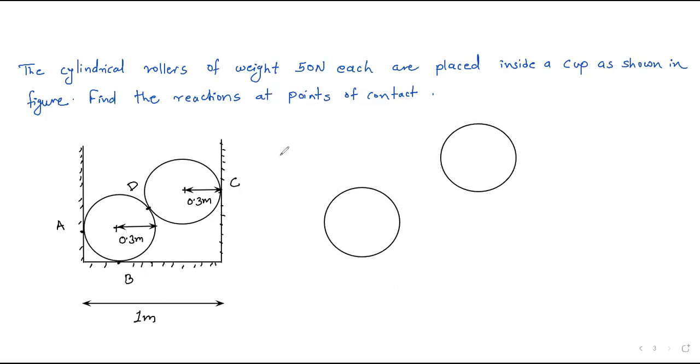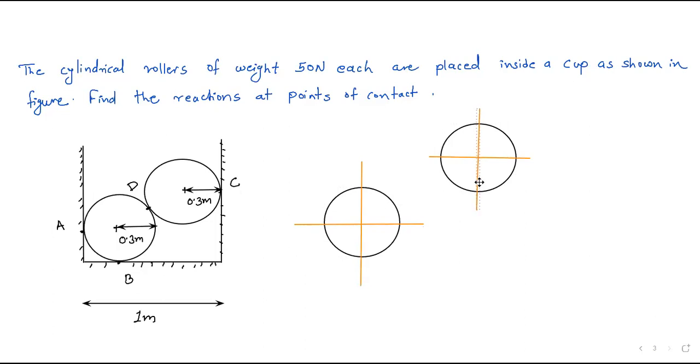Now, first of all, the first thing I will do, I will draw horizontal and vertical line first. Okay. So this is the horizontal line. This is the vertical line. Here also horizontal line and vertical line.